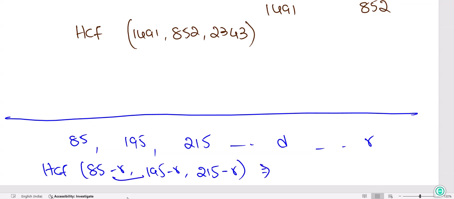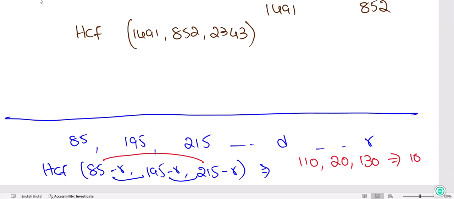Difference here 110, here 20, here 130. If you see those numbers 110, 20, 130, HCF is nothing but 10. For the differences, if you calculate, HCF is nothing but 10.